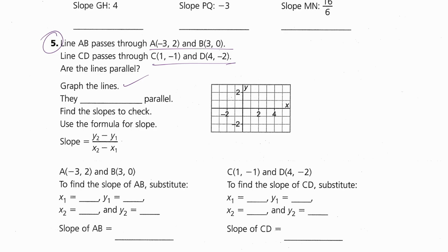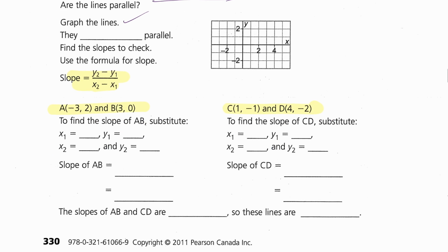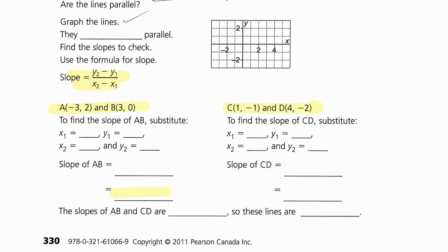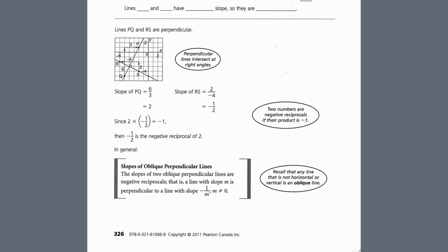After that, use the formula of the slope and calculate the slope of AB, calculate the slope of CD, and finally compare the results to see whether they are equal or not. So the slopes of AB and CD are equal or not equal, so the lines are parallel or not parallel.